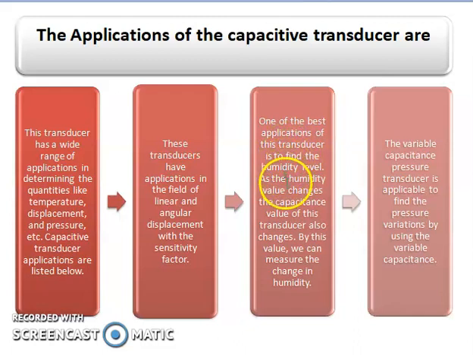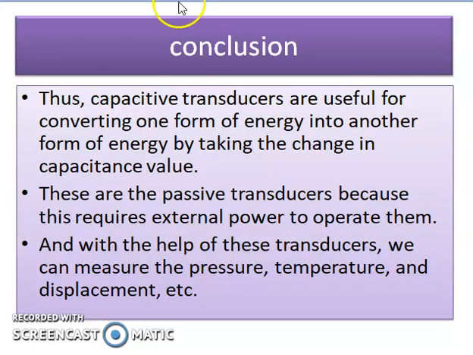As the humidity value changes, the capacitance value of this transducer also changes. By this value, we can measure the change in humidity. The variable capacitance pressure transducer is applicable to find the pressure variation by using the variable capacitance. These are the main applications of capacitive transducers.